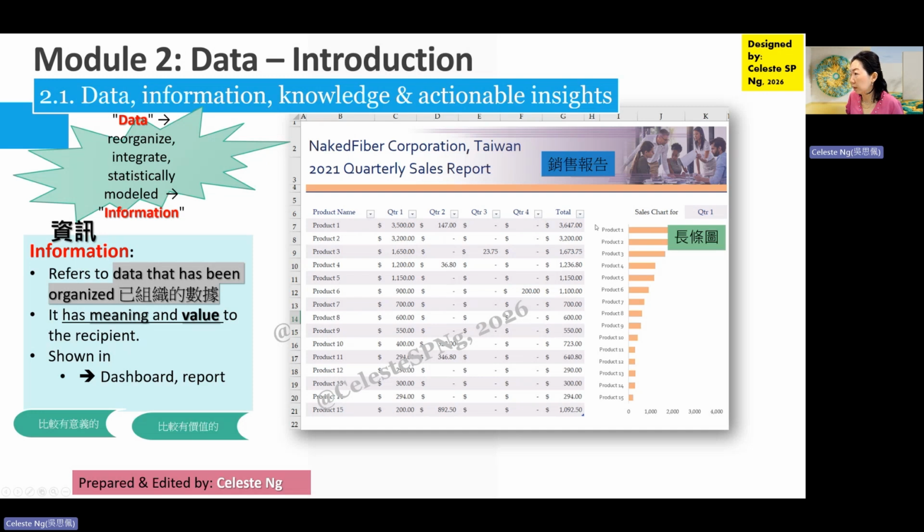And we know that out of maybe 15 products here, product number 1 sells the best, right? We can do some tabulation, ranking, and display. So it tells us something, right? And this is what information is about.